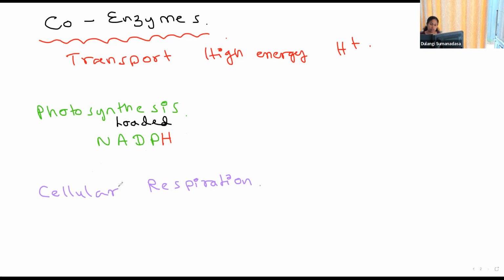Can you write down the cellular respiration, the remaining two coenzymes?